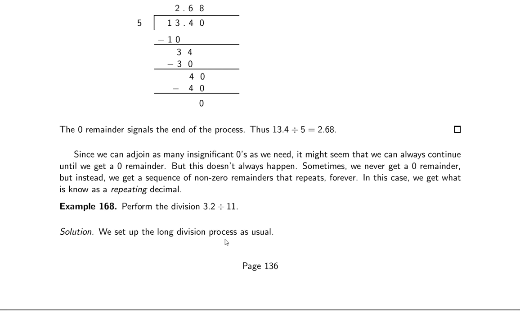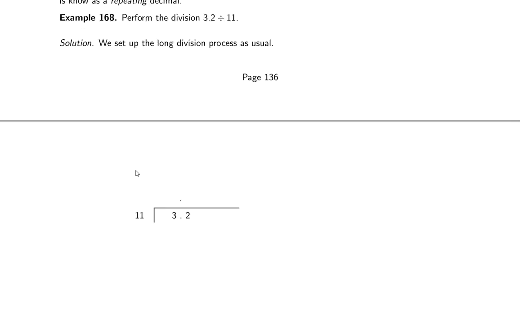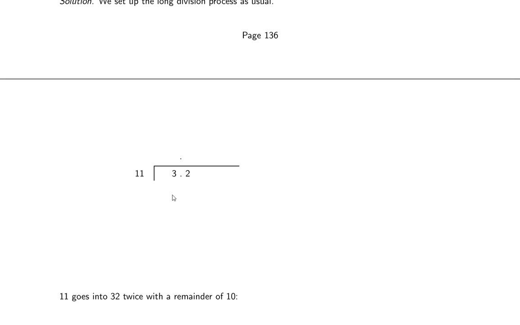Again, there were some more complicated examples in the book. This one, 3.2 divided by 11. You'll notice if you're dividing by numbers like 3 or 7 or 11, you always get repeating decimals.